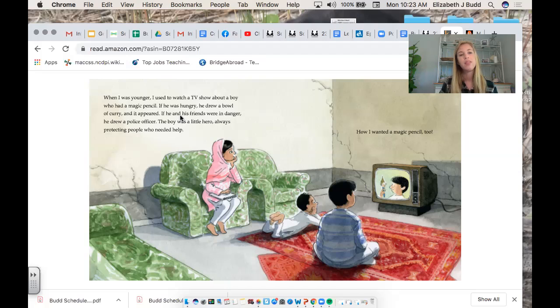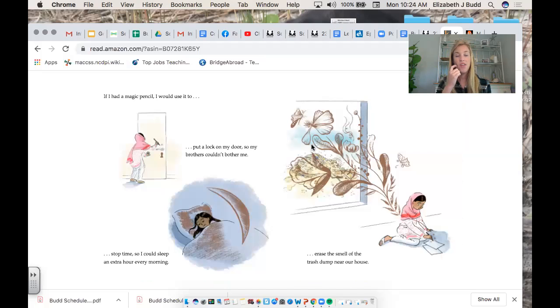Let's keep reading. If he and his friends were in danger, he drew a police officer. The boy was a little hero, always protecting people who needed help. How I wanted a magic pencil too. If I had a magic pencil, I would use it to put a lock on my door so my brothers couldn't bother me. Stop time so I could sleep an extra hour every morning.